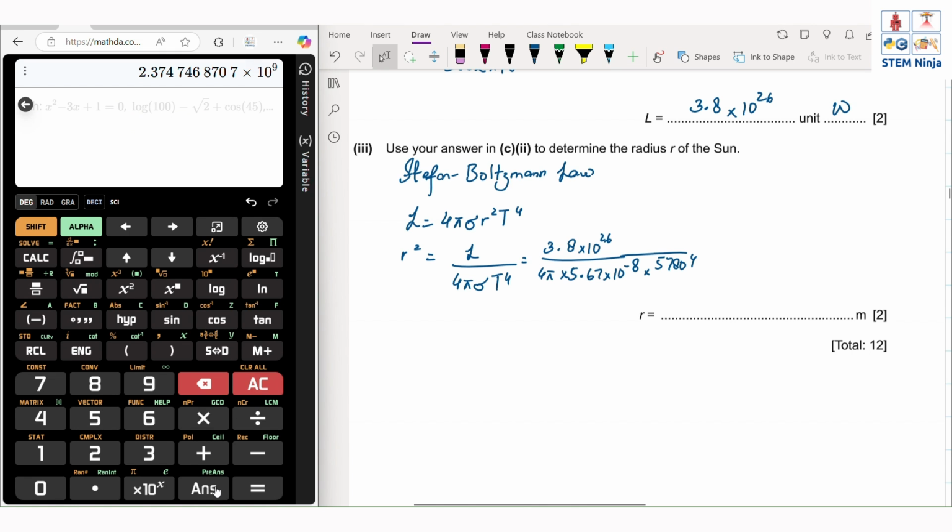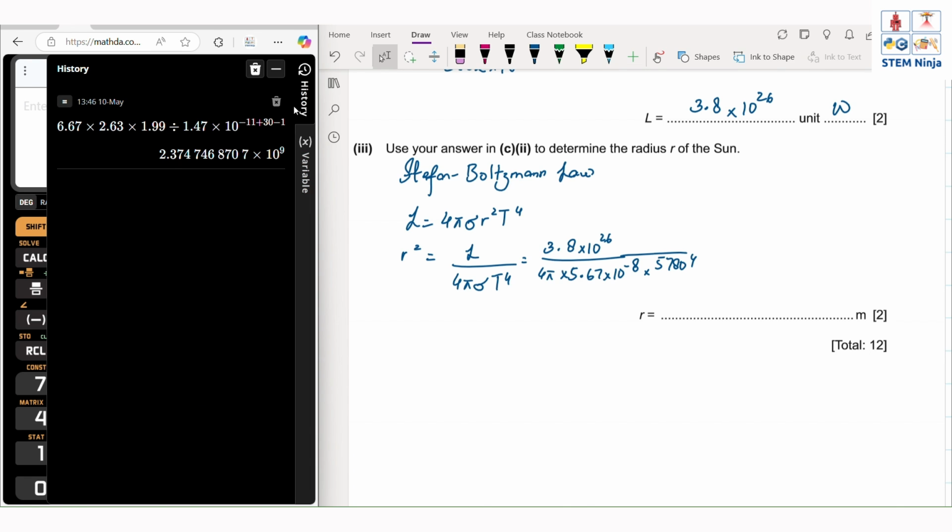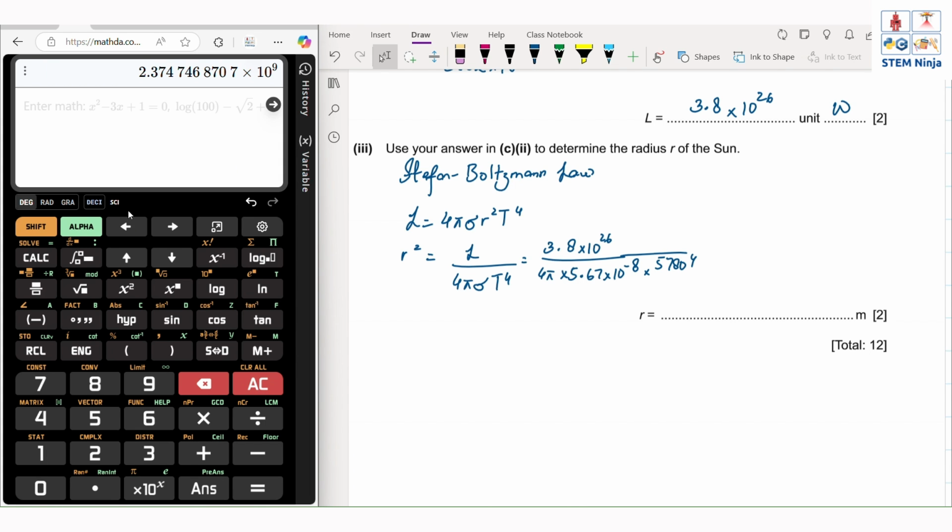We can use 3.82. So 3.82 divided by 4 pi divided by 5.67 divided by 5780 raised to power 4 times 10 raised to power 26 plus 8.